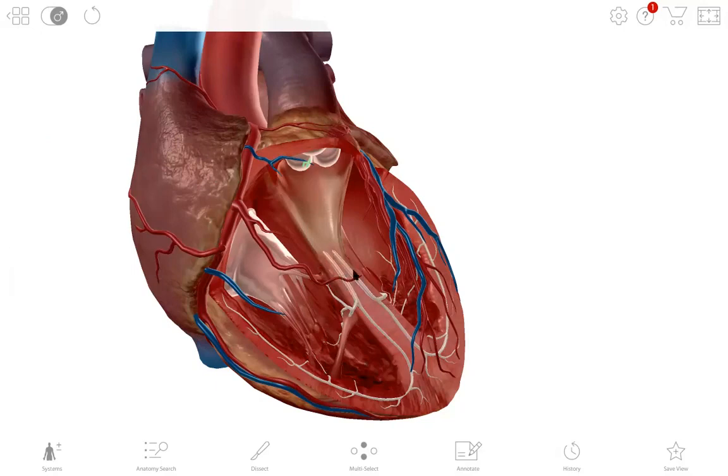It will transfer through the muscular part of the interventricular septum, and then it will end as Purkinje fibers. The Purkinje fibers will reach the papillary muscles in order to initiate their contraction and relaxation.